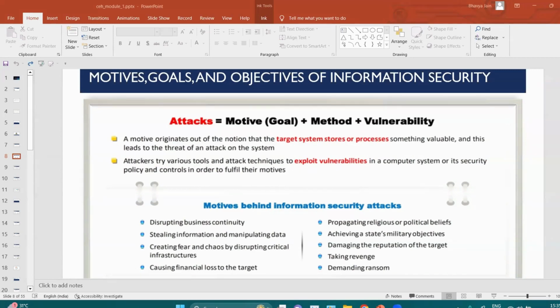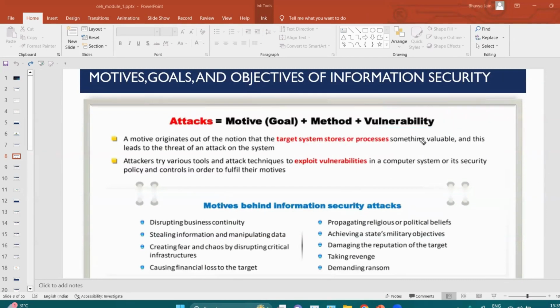That is what vulnerability means: we find any vulnerable service, any vulnerable software, any vulnerable port inside any target device, and then we gain access with the help of that vulnerability. We can say vulnerability, or weakness, or loopholes.